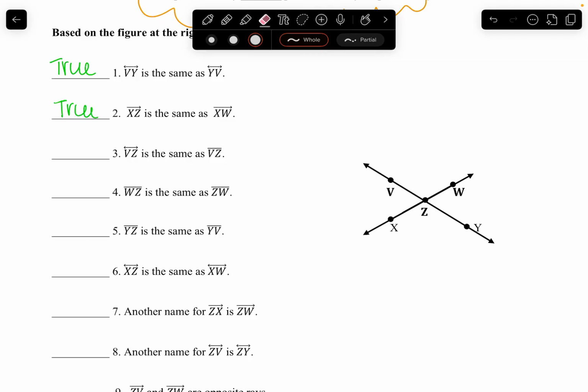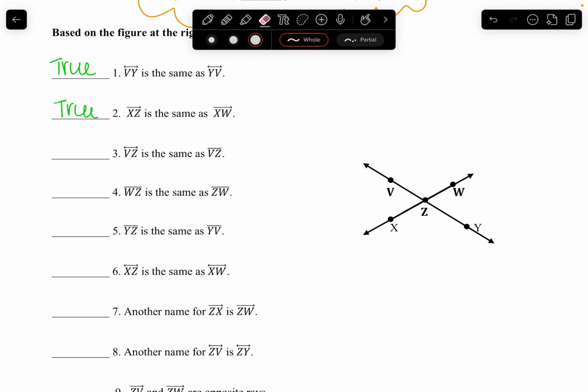Okay, number 3, it says VZ is the same as VZ. One is a line and one is a line segment. If you compare a line and a line segment, they're never going to be the same. A line, remember, extends infinitely in both directions, and a line segment is a very specific length within a line. So lines will always be bigger than line segments, so there's no way that they're going to be the same.